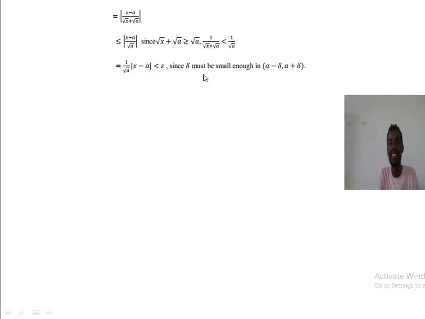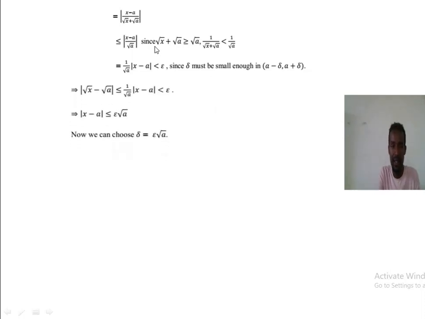Since delta must be small enough, x is between a minus delta and a plus delta. By comparing the above, the absolute value of the square root of x minus the square root of a is less than or equal to 1 over the square root of a times the absolute value of x minus a, which is less than epsilon.